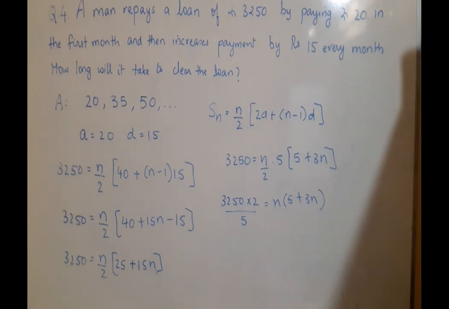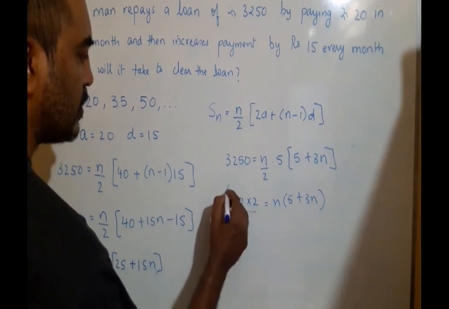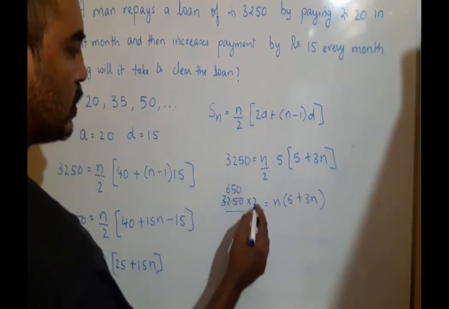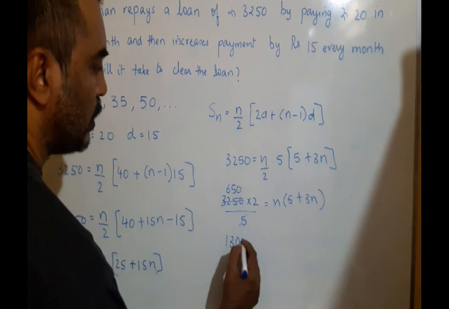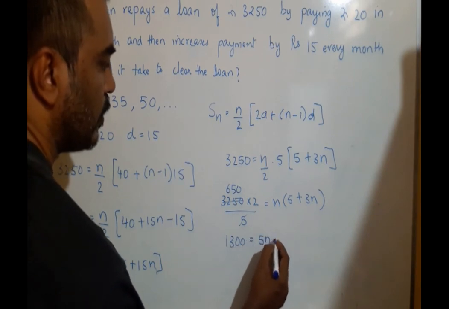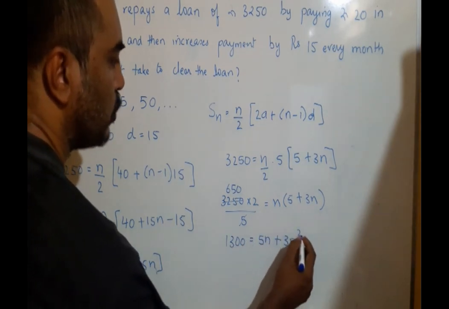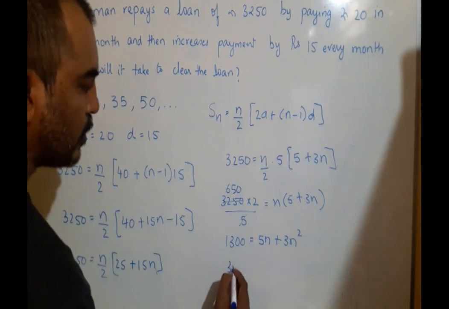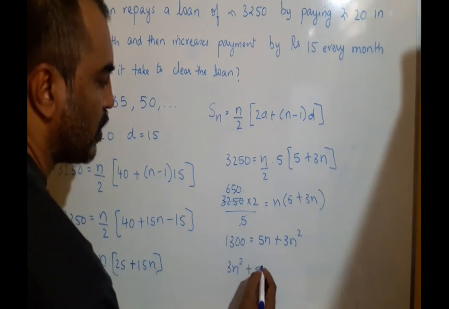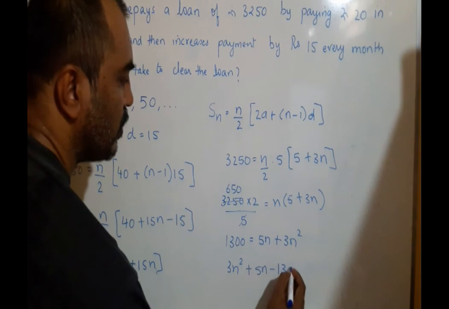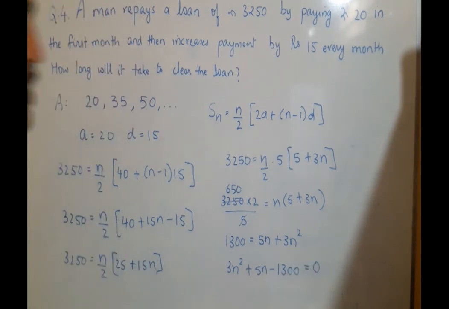Now we solve this further, and what do we get? 5 ones are 5, 5 6s are 30, 5 0s are 0. So we get 1300 equal to 5n plus 3n square. Rearranging, we get 3n square plus 5n minus 1300 equal to 0.